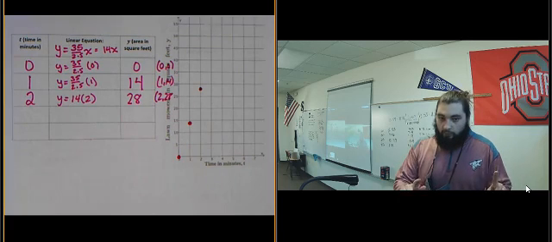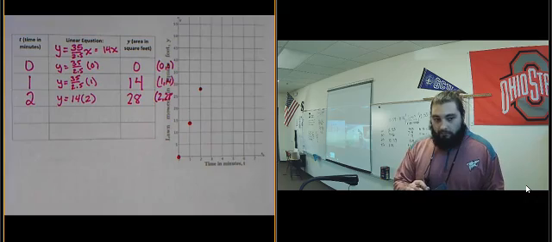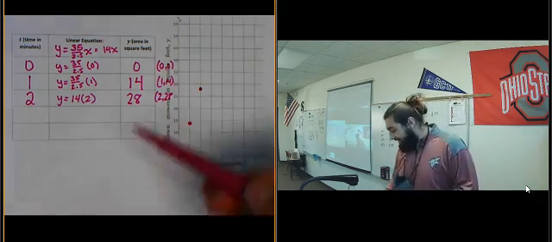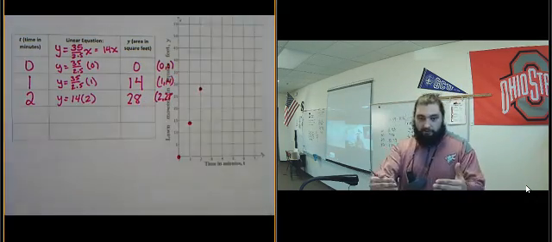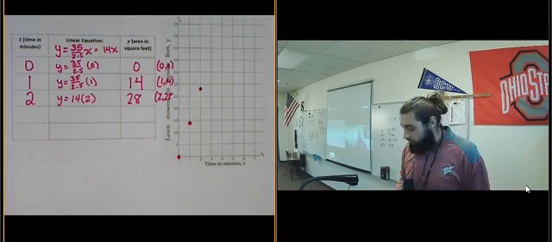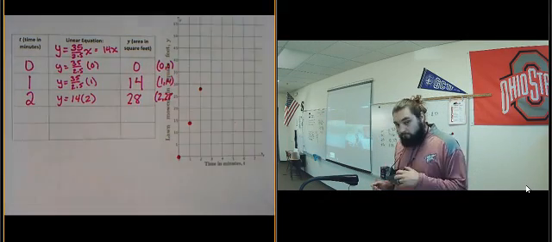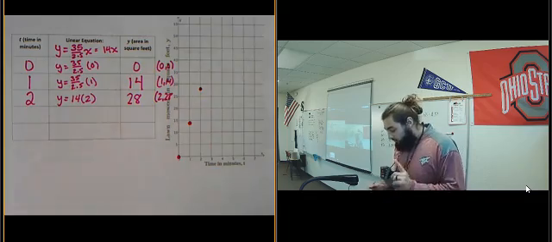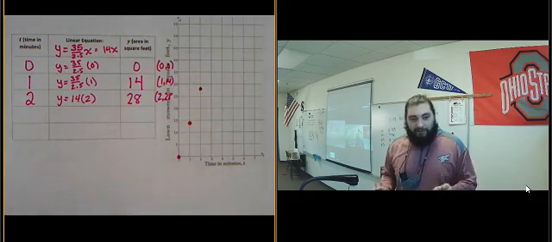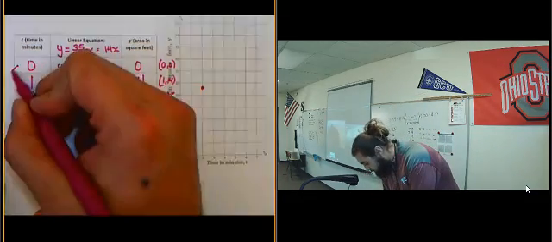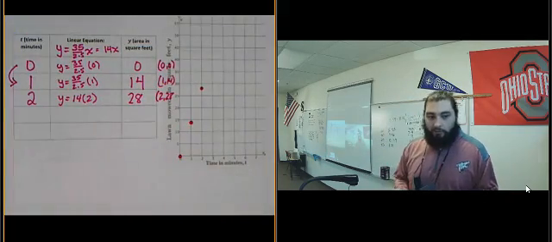Now, before we move on, I want to be very clear. Look at what's happening to our t values and our y values as we progress along in filling out this table. Okay? So, when we increase our x value by 1, what happened to our y value?